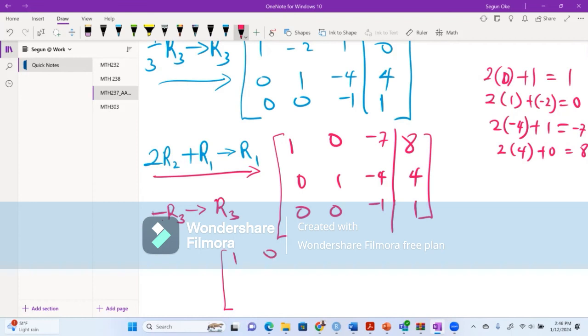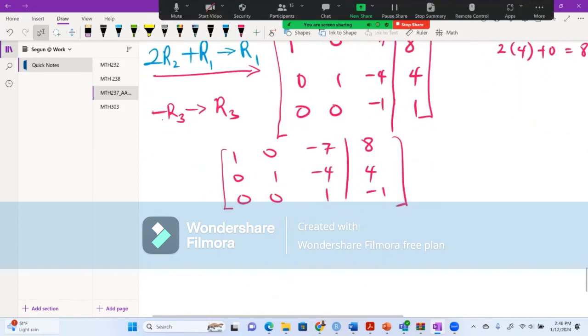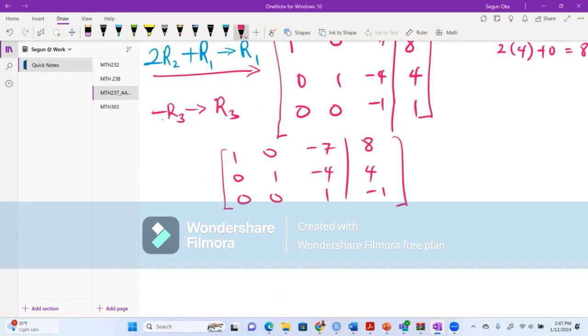We have 1, 0, -7, 8, 0, 1, -4, 4, 0, 0, 1, -1. So that's our new matrix. So is that final? We need this -4 and -7 to be 0. That would be our target now. How do we make it to be 0?